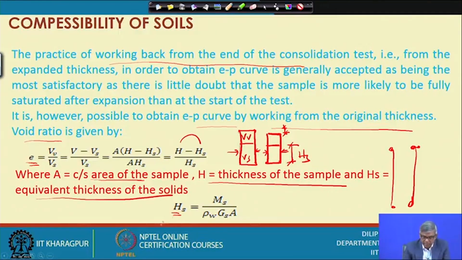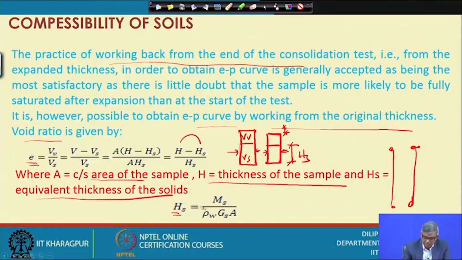Now, A into Hs is the volume, and volume multiplied by unit weight will give you the weight, or volume multiplied by density will give you the mass.